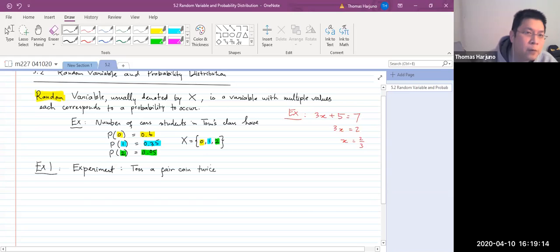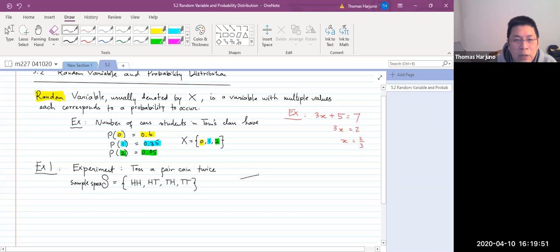Now, we have learned from chapter 4 that once the experiment is given to us, we would know the sample space, the set of all possible outcomes. The sample space, if you toss a coin twice, will be either head, head, or head, tail, or tail, head, or tail, tail.